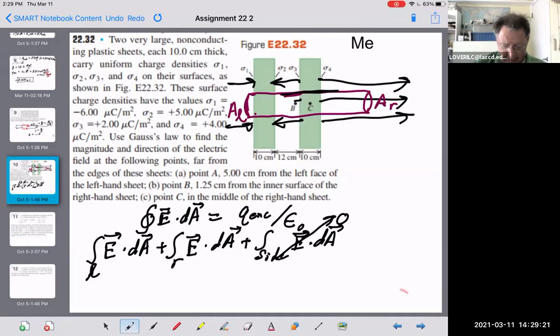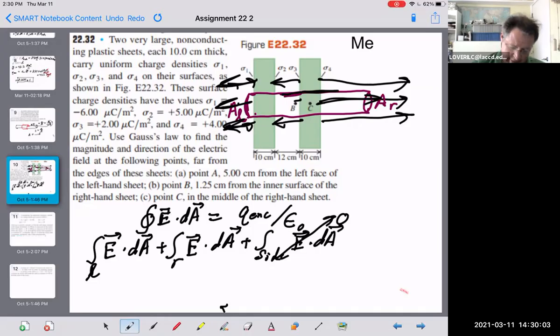On the end caps, the electric field is constant, and the angle between the electric field and the area vector is 0. So we don't need to worry about the dot product. There's every reason to believe this is symmetric, with both either pointing outward, or both pointing inward. If they're both outward, they're both in the same direction as the area vector. If they're both inward, they're both in the opposite direction.